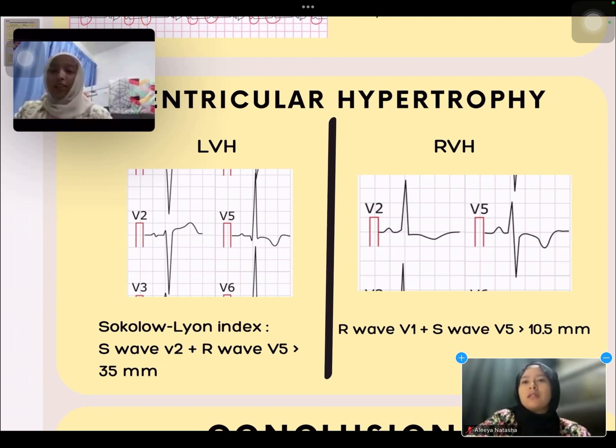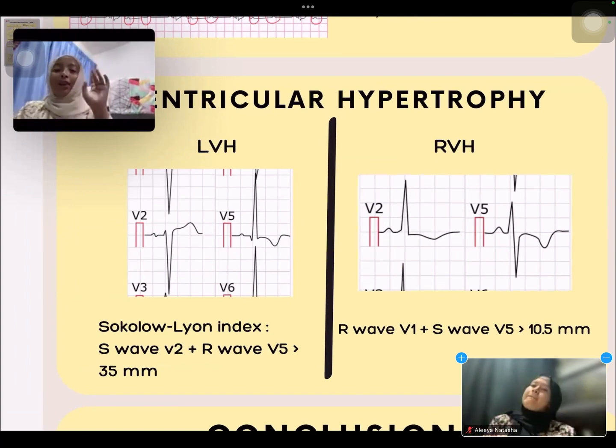So the difference between these two is left ventricular hypertrophy happens in the left ventricle, while right ventricular hypertrophy happens at the right ventricle.